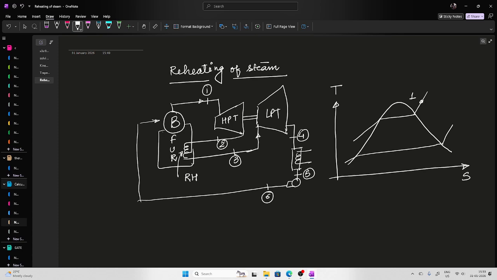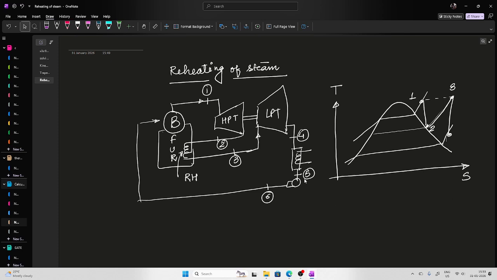Then expansion happens, but it happens only partially, so that the steam remains slightly in the superheated region, and then from this pressure it is again heated. Now this is state number 2, and now it is again heated to the same temperature. Let's say it is state 3, and then it is expanded. Now you can see that it is right now in the superheated state because the diagram was not perfect.